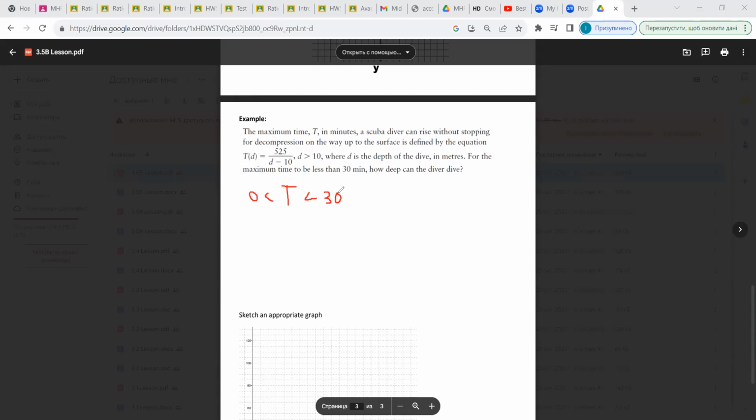How deep can the diver dive? So I suggest we find how deep the diver should dive in order for the time to be 30 minutes.